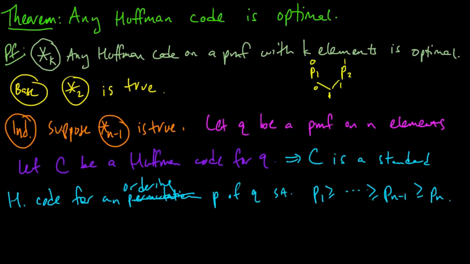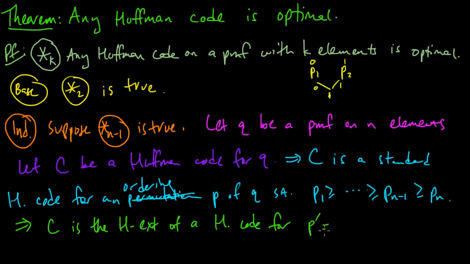So we know this implies that C is the H extension of a Huffman code for P prime, where P prime is the usual thing: we add the last two elements of P. All right, so C is this H extension of a Huffman code.